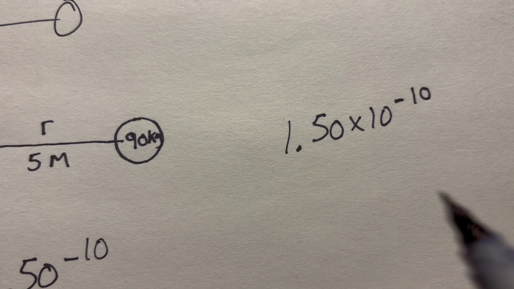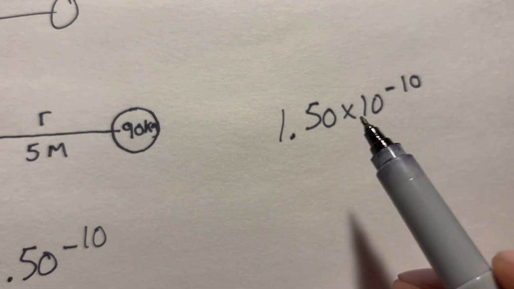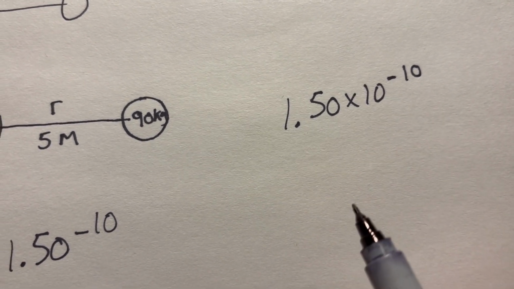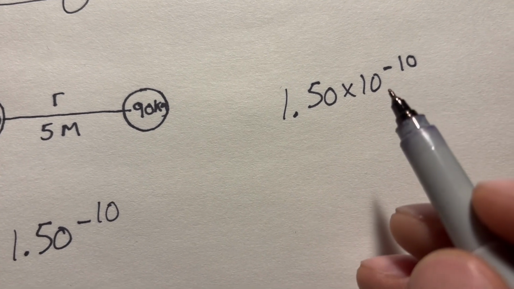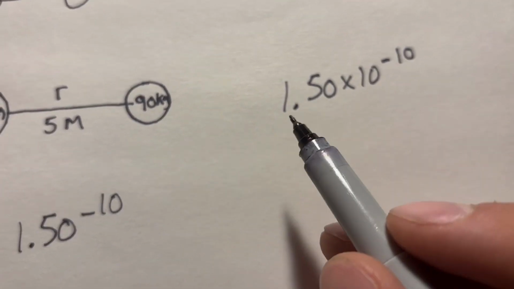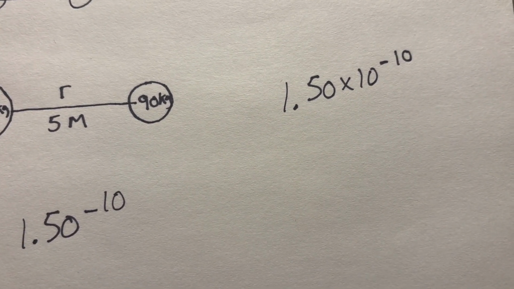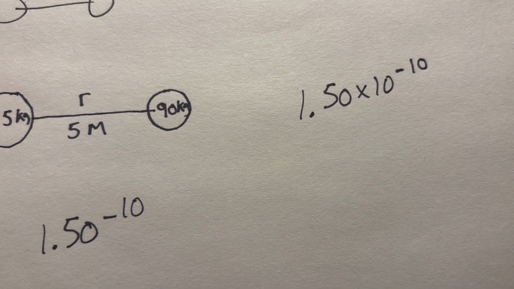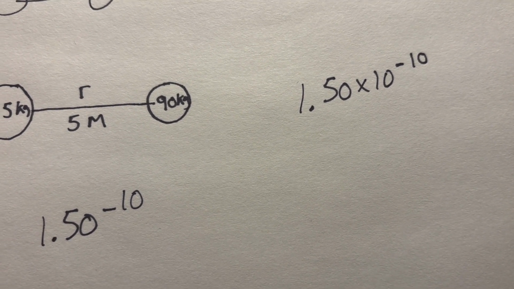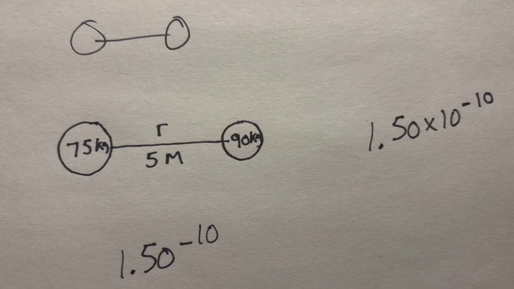It turned out to be 1.5 times 10 to the negative 10. So in other words, that's 10 zeros and 1.50. So it's a very, very small amount of newtons of force between those two objects.